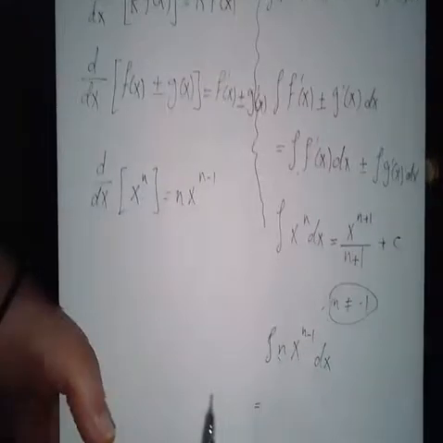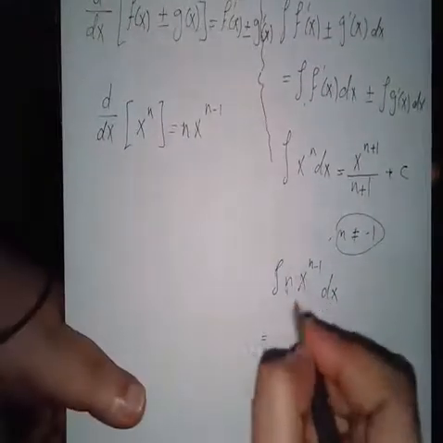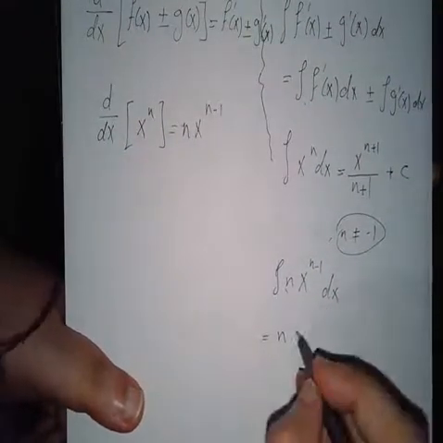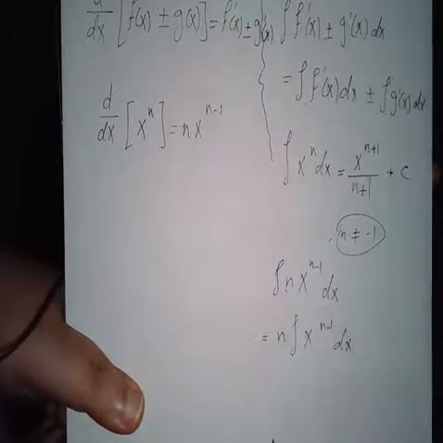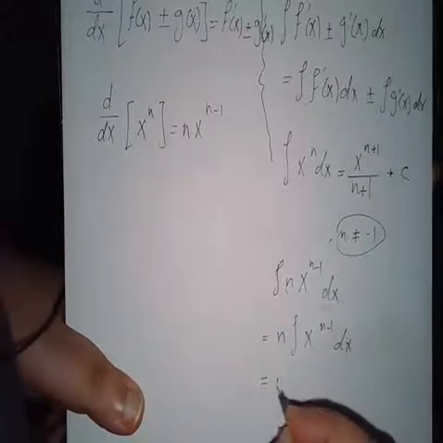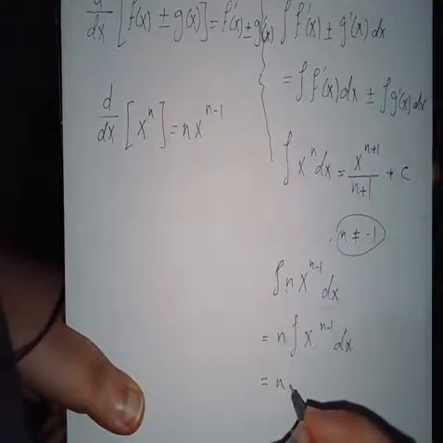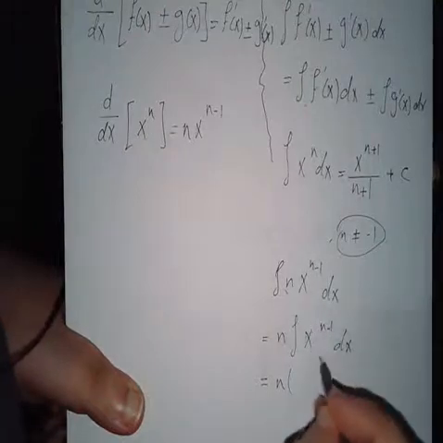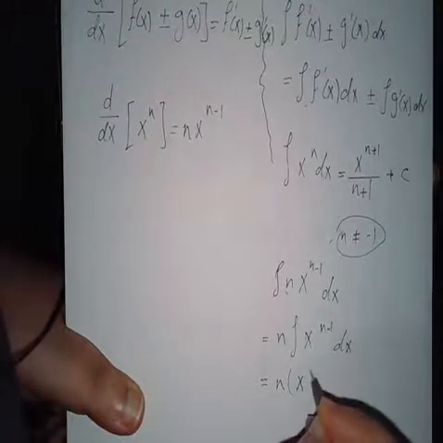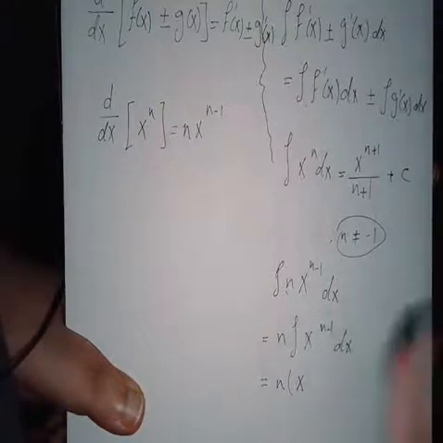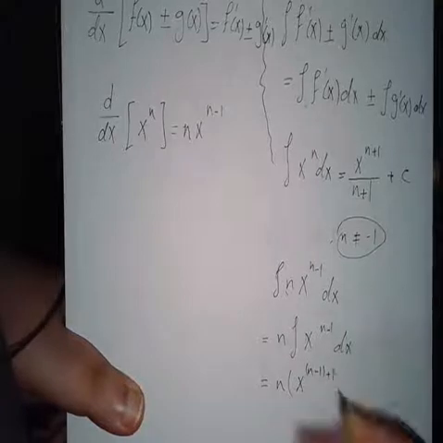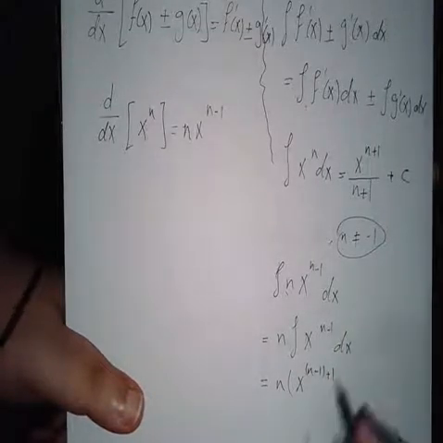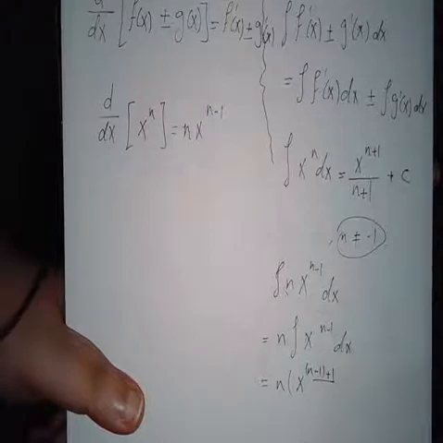So I'm taking the n out: n times the integral of x to the n minus 1 dx. Now n's still there, no problem. Now it's multiplied times x to the n minus 1 plus 1. It was n minus 1 originally, and you're supposed to add 1 to it. So these two 1s cancel, leaving you with just x to the n.